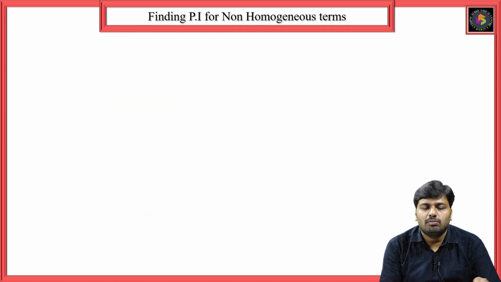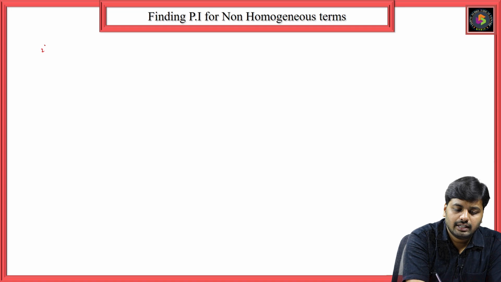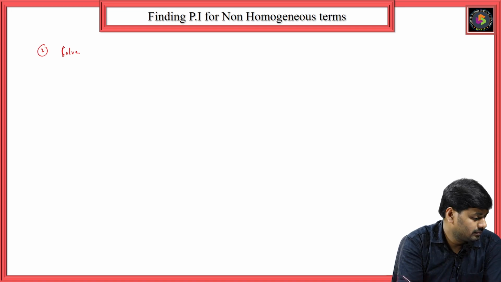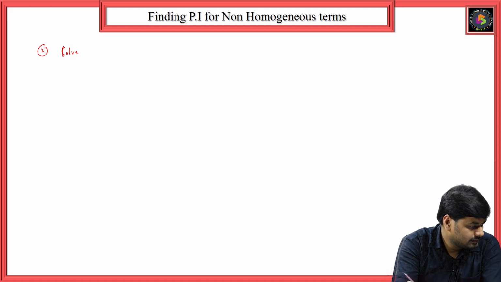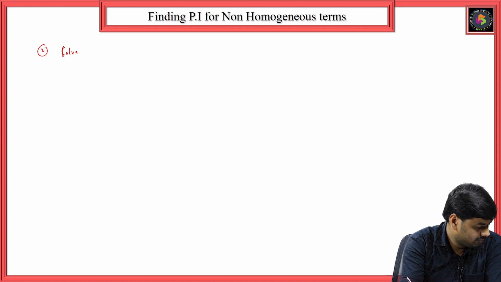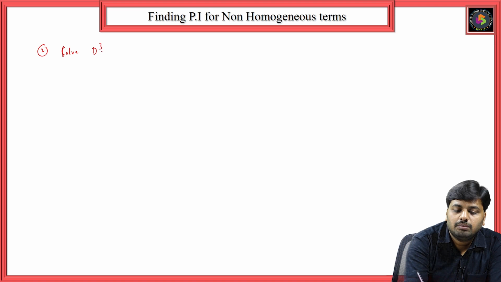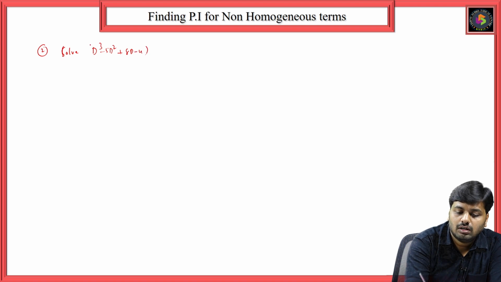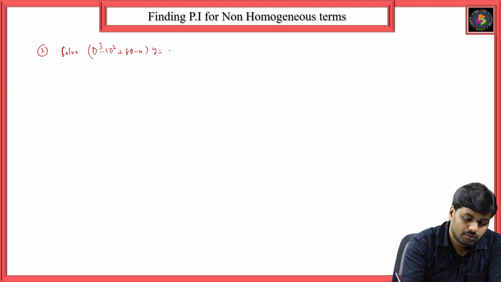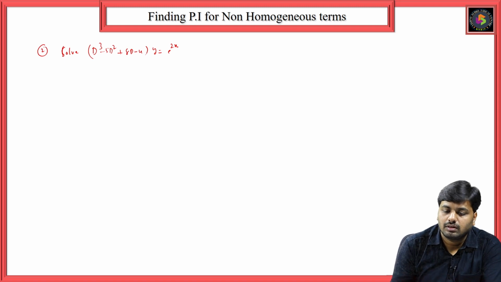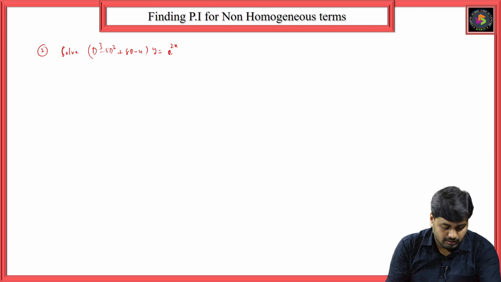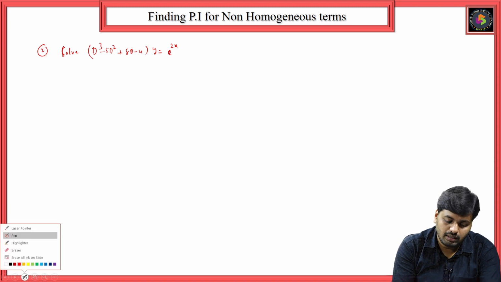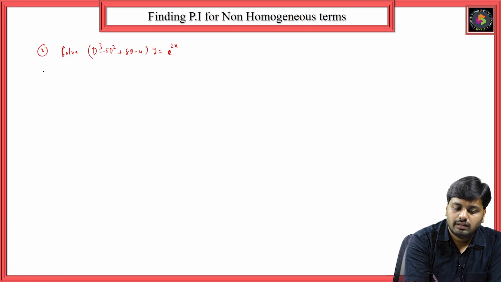Now we'll see one more problem for case 2. Solve (D cube minus 5D square plus 8D minus 4) of y equal to e power 2x. Here again we'll solve this problem by the normal method.